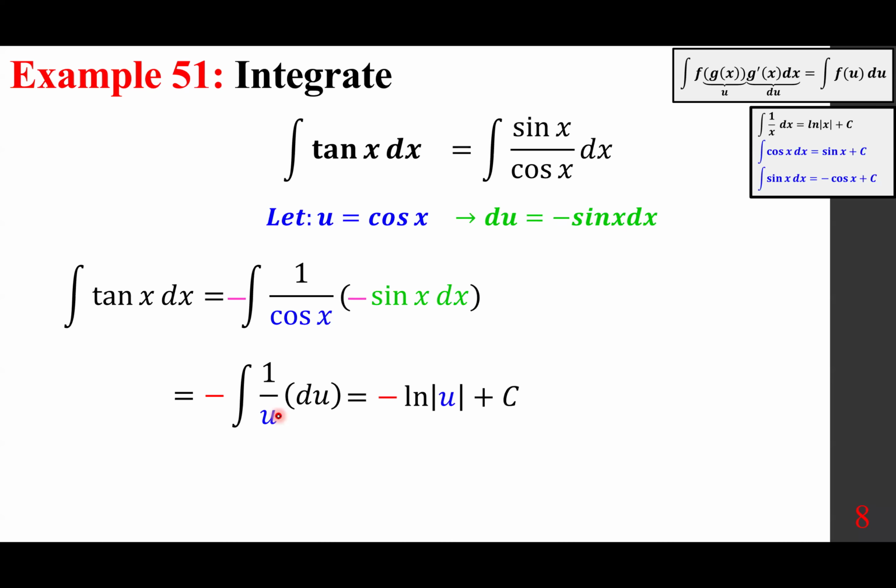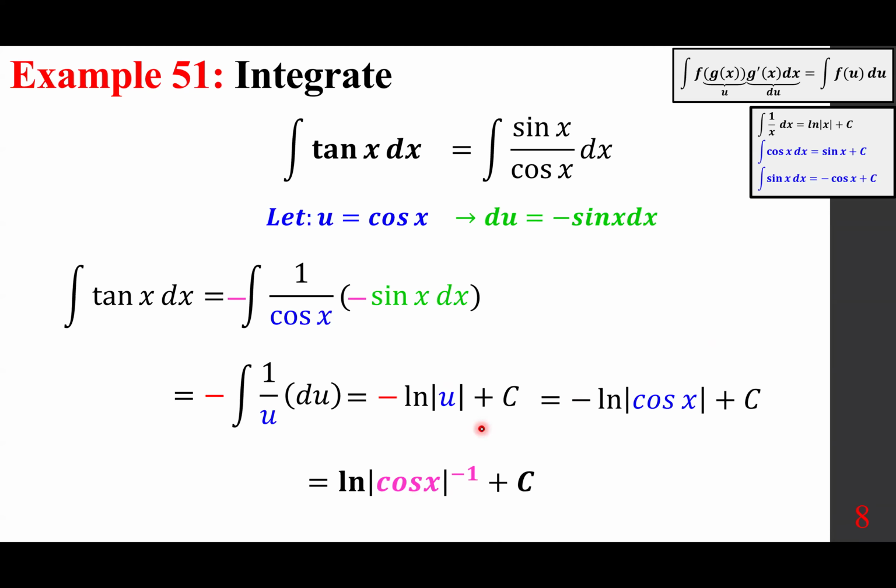And replace the u with cosine x: minus ln of absolute value of cosine x plus a constant. So as far as logarithmic properties are concerned, I can put this -1 as an exponent. So this is ln of cosine x to the power of -1.